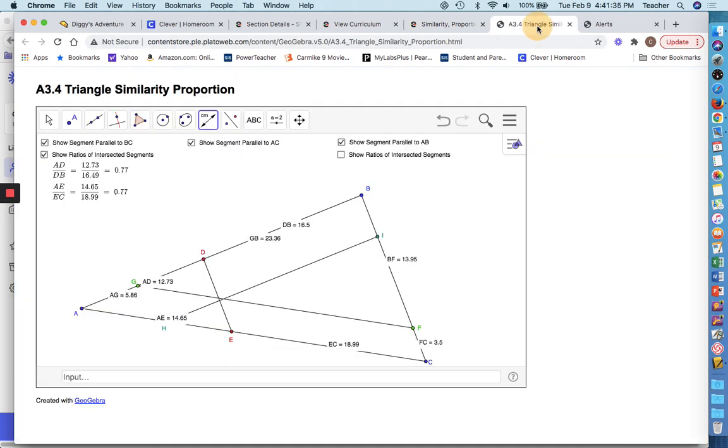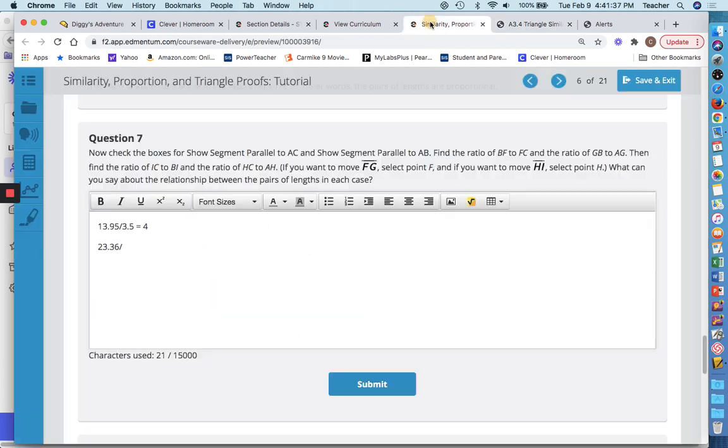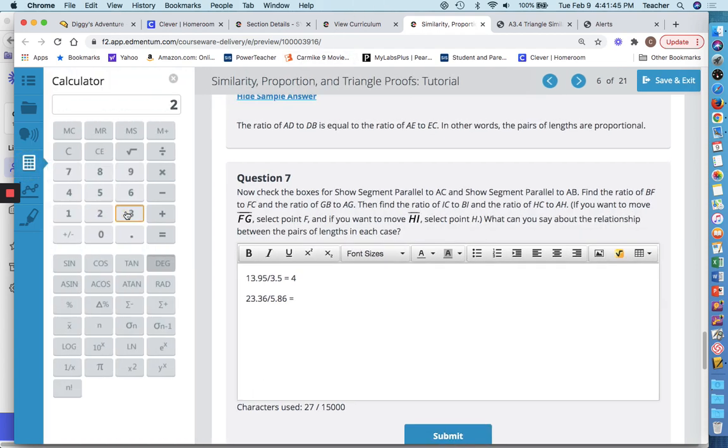Let's divide those. 23.36 divided by 5.86, and it's roughly a 4. What did I tell you guys? They are going to remain proportional. All right, so I've got those.